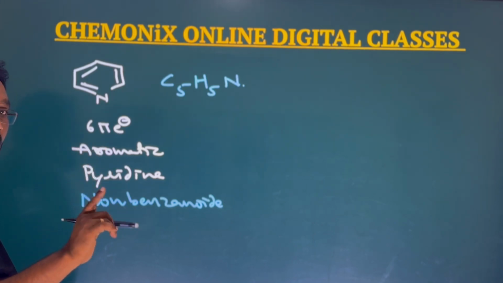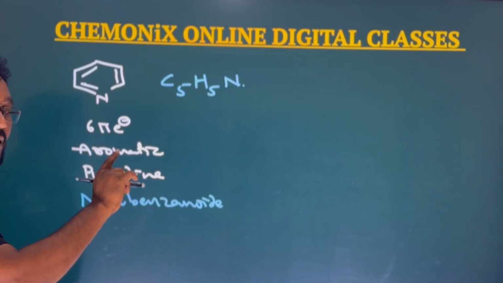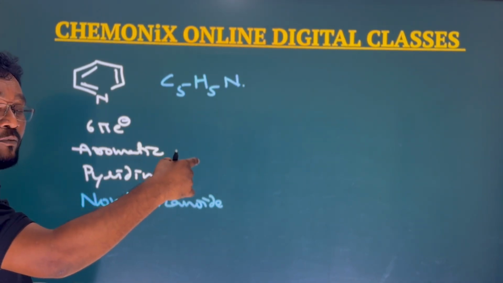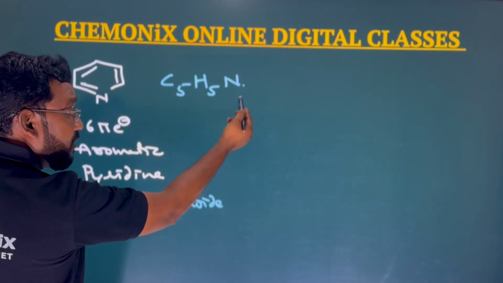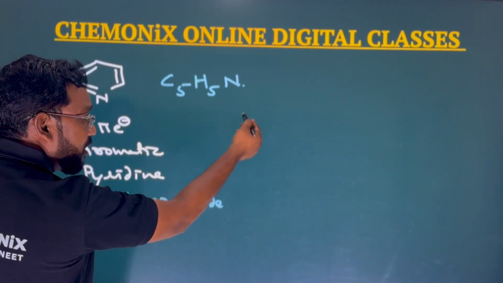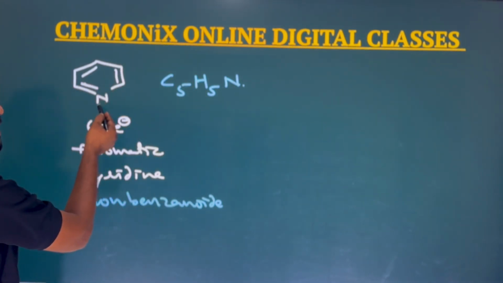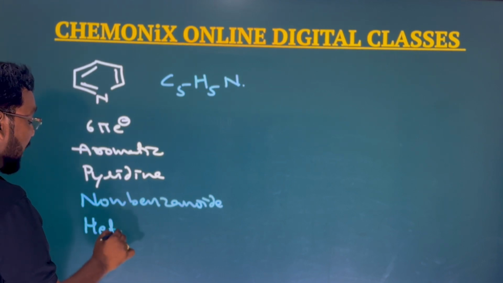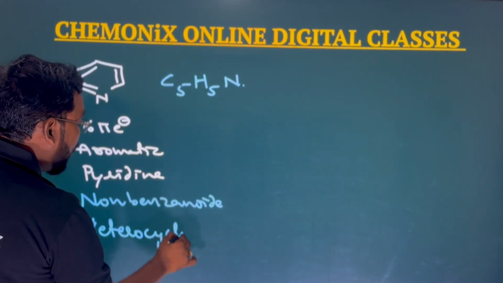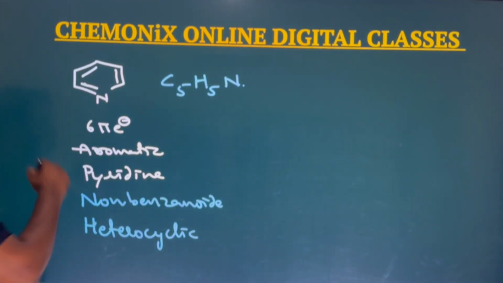In organic chemistry, remember, other than carbon and hydrogen, the remaining atoms are considered heteroatoms: nitrogen, sulfur, oxygen, halogen. Here a heteroatom is involved in the ring formation, and it is a non-benzenoid aromatic compound. Therefore, this compound is called a heterocyclic non-benzenoid aromatic compound.